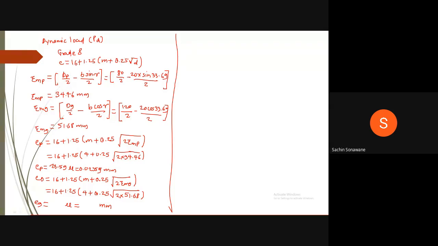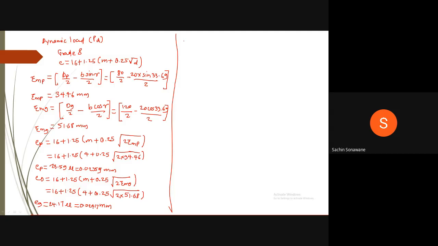What is the value of EG? 24.17. 24.17. Correct. 0.02417 mm.